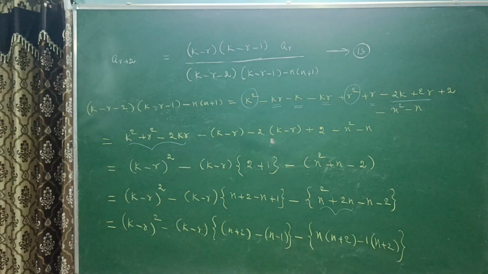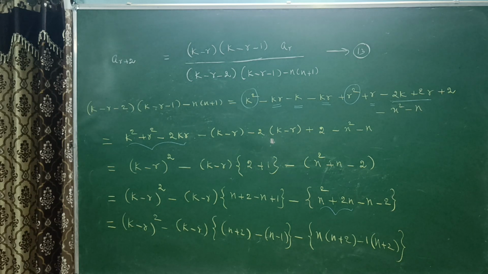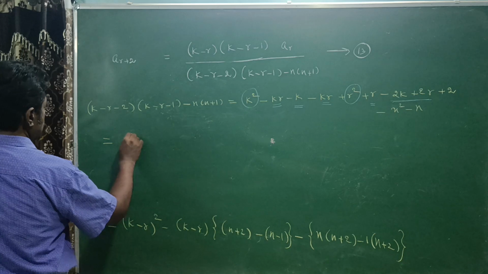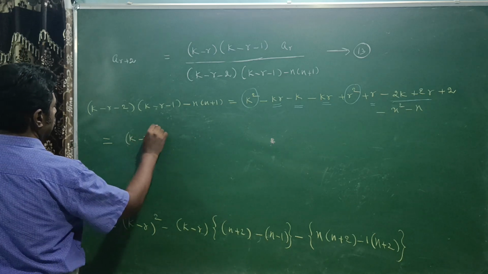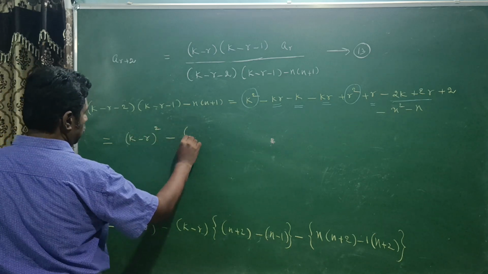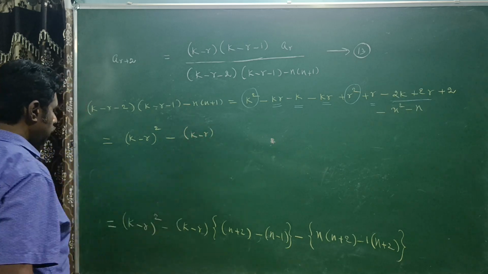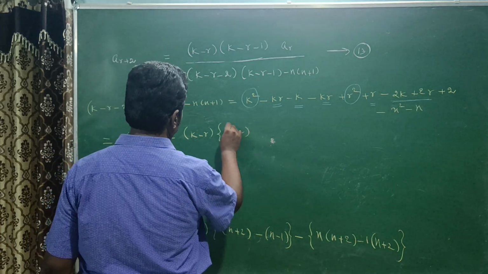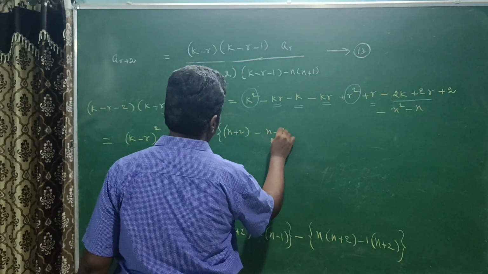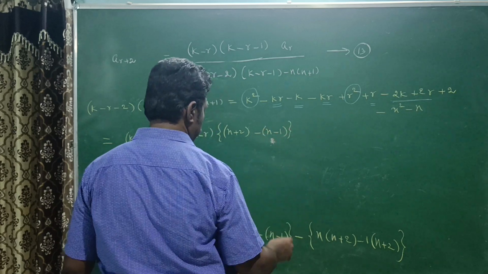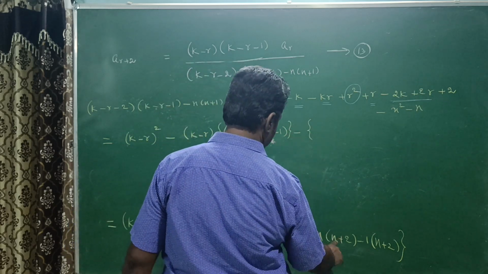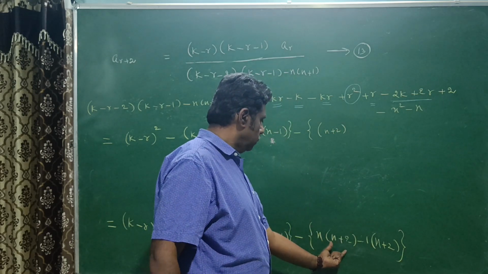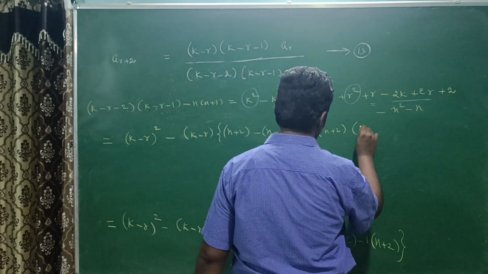Now we have to modify this further. From this we can write (k minus r) whole square, then minus of this (k minus r)(n plus 2) minus (n minus 1), minus of, take this n plus 2 as a common term. If I take n plus 2 as a common term, this is multiplied by n minus 1.